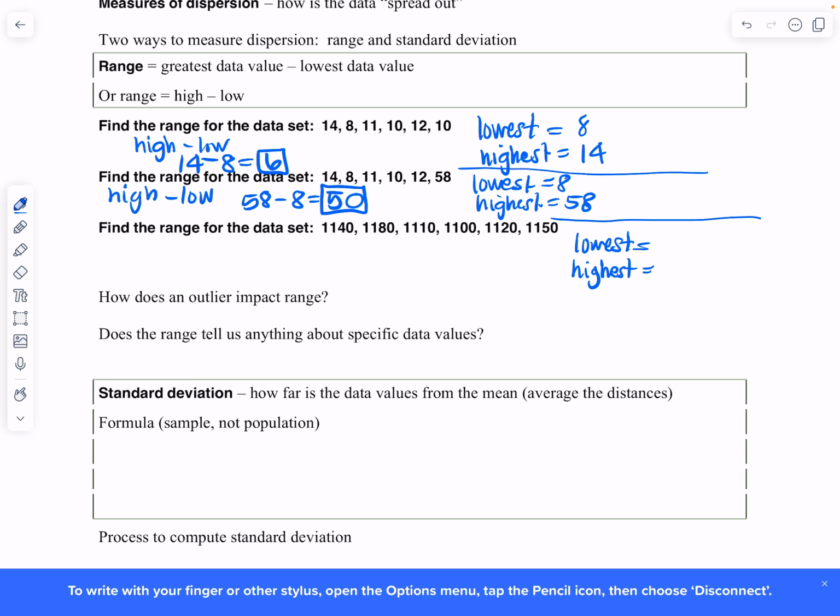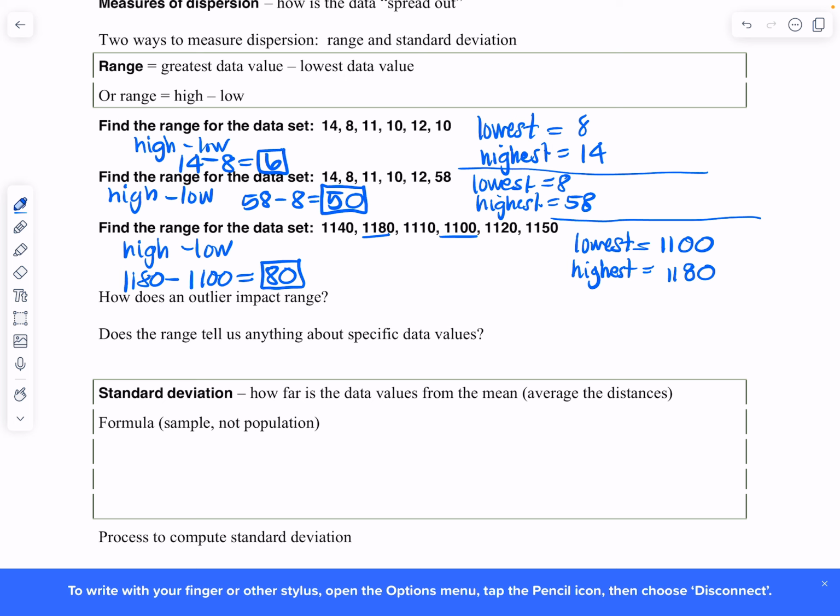So the smallest one is 1,100. And now I'm going to look for the highest one, which is 1,180. I'm just double checking because these numbers are pretty close to each other. So again, we do high minus low. High is 1,180 minus the low, which is 1,100, and I get 80. So 80 is the range of this data.